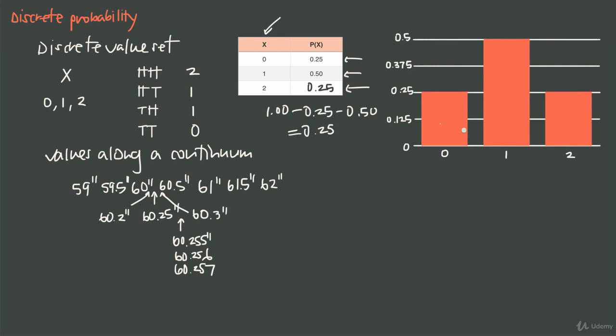There's a 25% chance of that, so we graph this bar up to 25% or 0.25. And no matter how many values our variable can take on, we can still just line those up side by side in our probability distribution and graph the probability for each one.